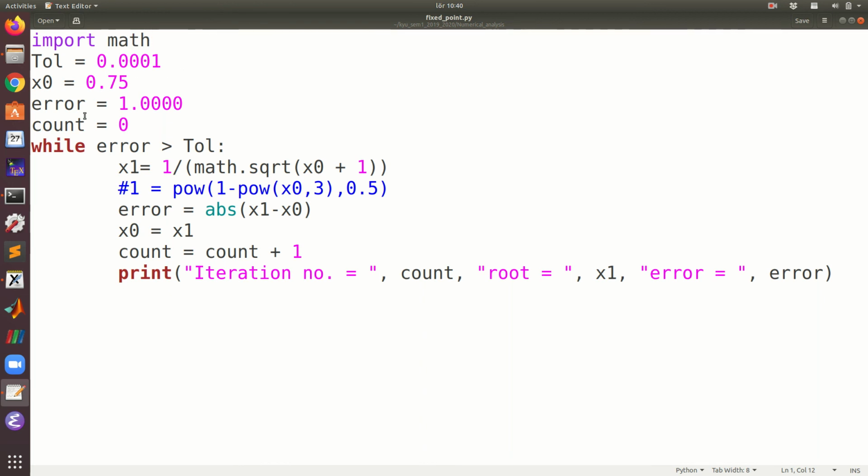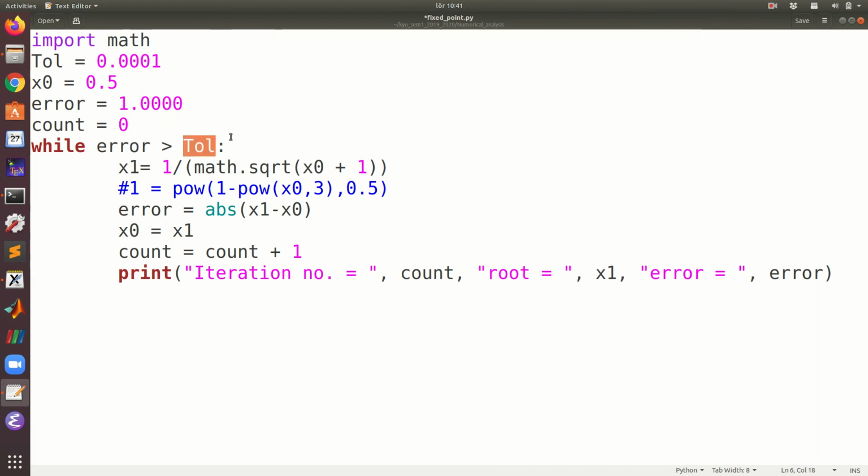So the rest of the idea follows as follows. The tolerance is 1 times 10 to the power negative 4, and then I can start with 0.5, as we have said. Then I start with an error which is big. I say that error is 1, because somewhere in the while loop here I make use of error, so I had to set it up there, because I cannot use what is not yet defined.